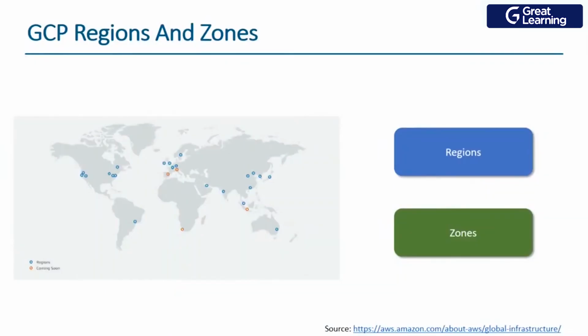When you talk about GCP or any cloud platform, how it operates is it strategically puts its data centers in different parts of the world. To give you an example, let's assume that you are based in maybe South Africa. It would be wise if there's a data center in South Africa which is close to you, right?